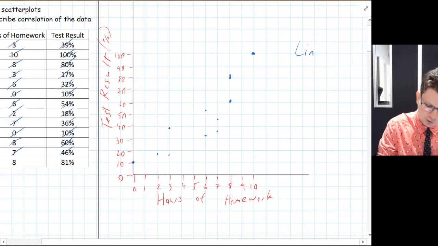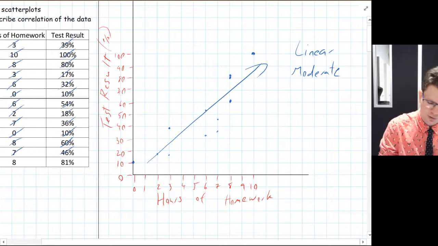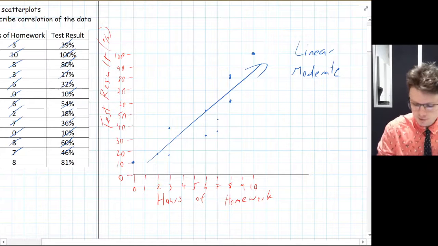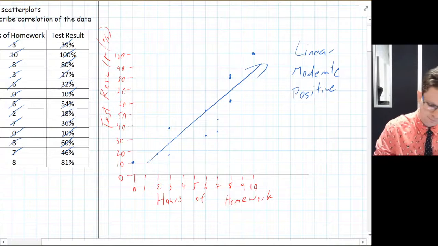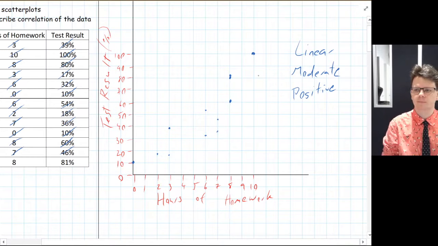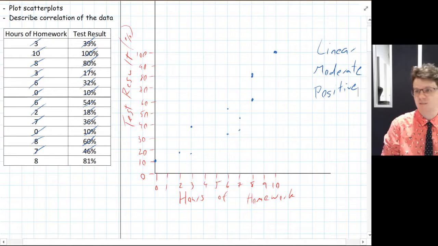So it's linear for sure. I'm going to say it's moderate. And having a look at it, all of these lines I'm drawing are definitely pointing up to the right, which means that they are positive. Alrighty. Now what does that mean? Well, linear means there's a correlation between them. Hours of homework is going to affect your test result.